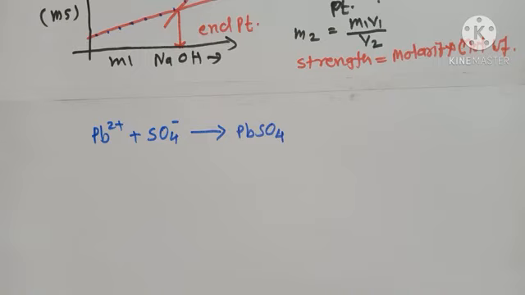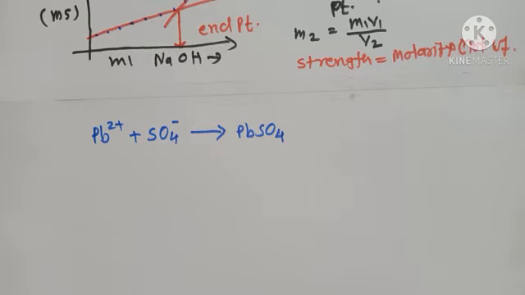This lead can be analyzed by titration. But what is the disadvantage? The disadvantage is that for this titration there is no availability of a suitable indicator. Thus what could be done? You can perform the titration using the conductometer and obtain the end point.